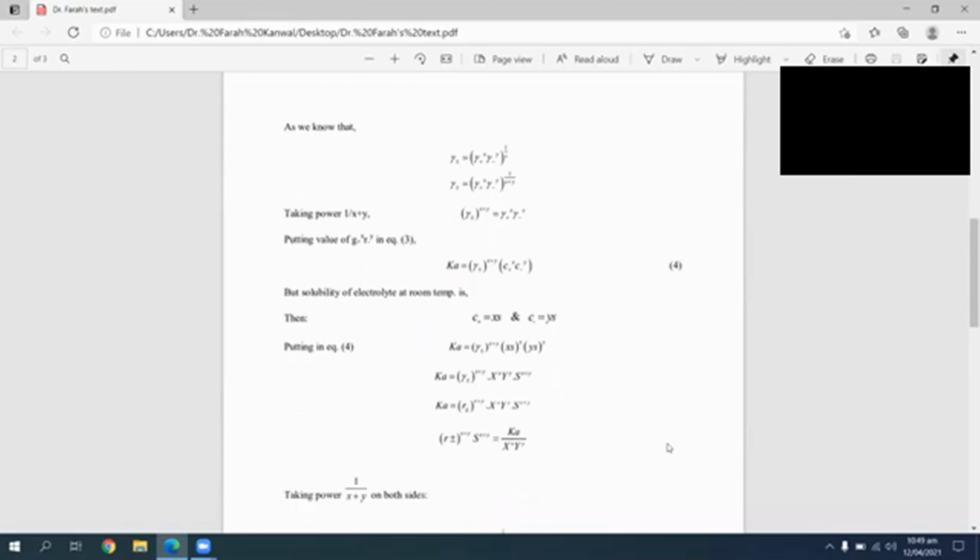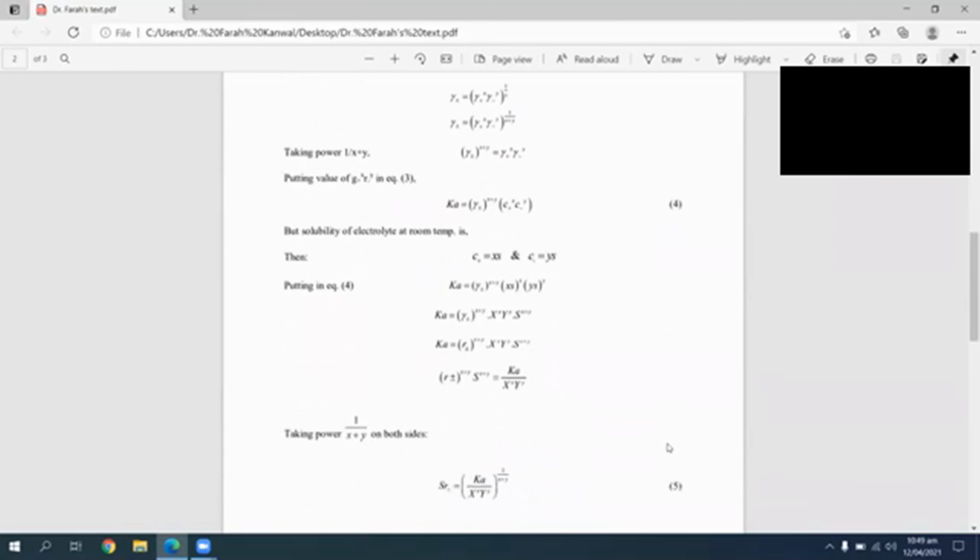When you say solubility product, we represent A ions with the symbol x into S. S means solubility. This is the amount, whatever the amount is soluble. All the amount is not soluble, some of the amount is soluble, and whatever amount is soluble is playing a role as the active amount of that solution. So the concentration of positive ion and the concentration of negative ion is according to their solubility.